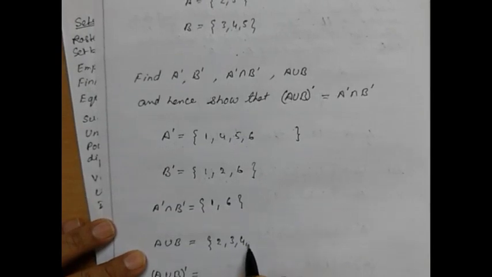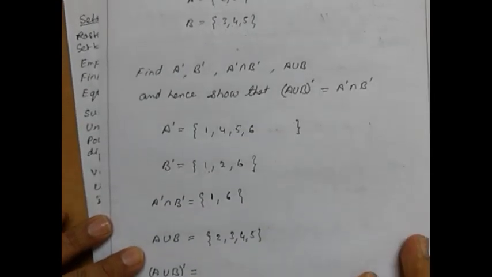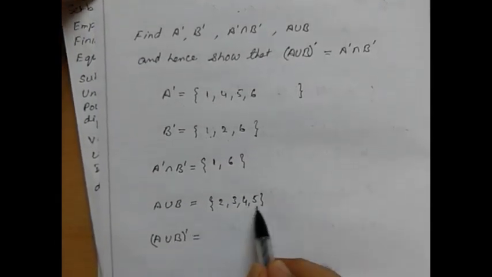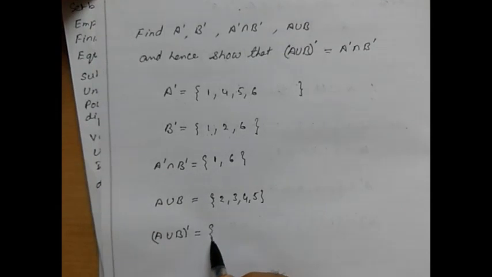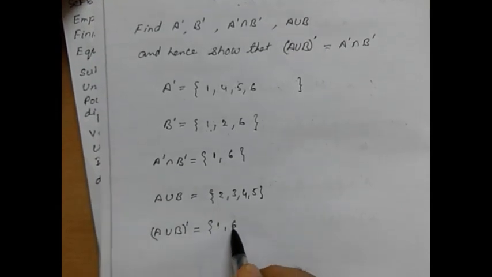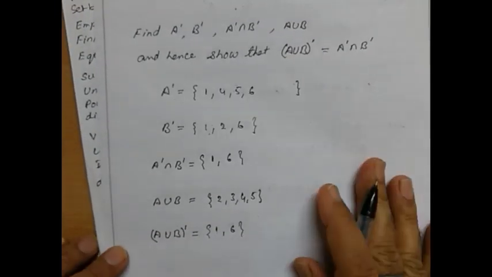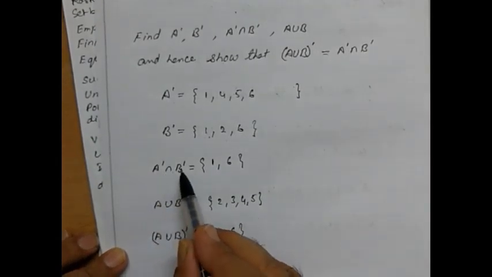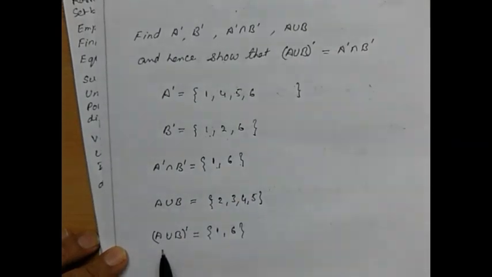Now if we talk about the complement of A union B, here in A union B we are having this. So what is not there? That is your 1 and 6. And if we compare this, A complement intersection B complement is 1 and 6. A union B complement is 1 and 6.